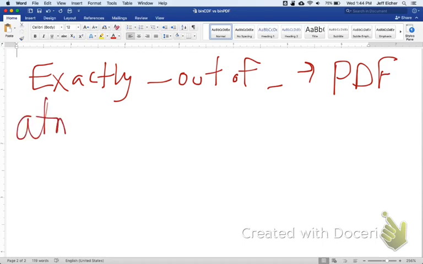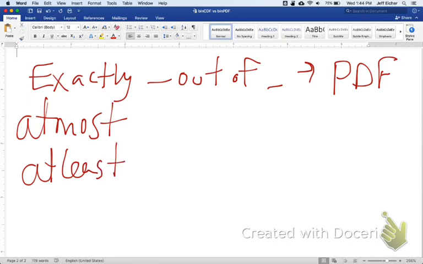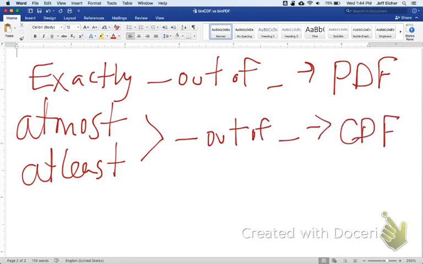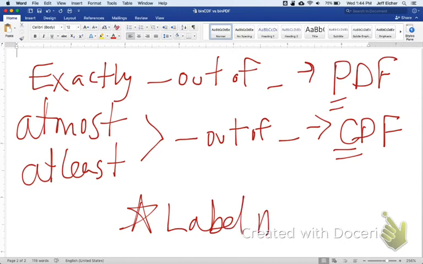If it says at most or at least, either of those, of blank out of blank, at most 2 out of 3, or whatever it is, then you use CDF on your calculator. And then the last thing is make sure you label n, p, and x if you're going to do that on the AP exam.